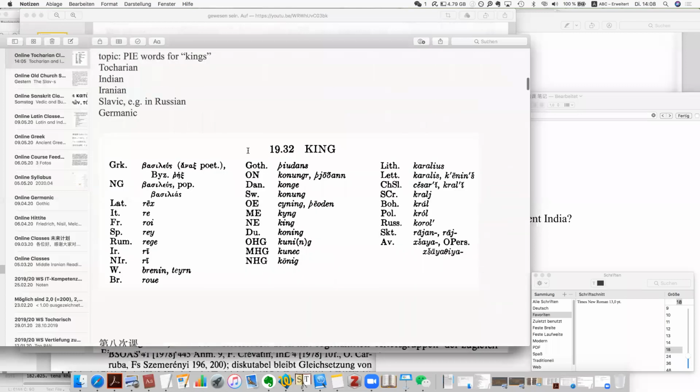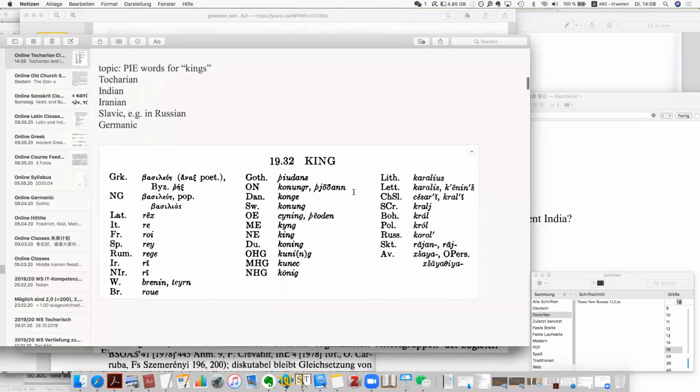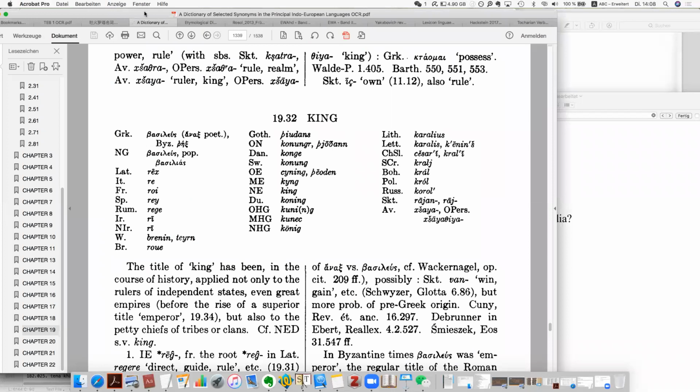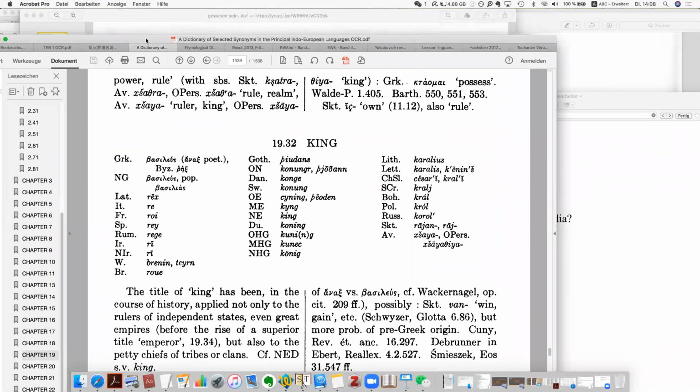Okay, so now let's move on to the topic of king. You find the information about these words in a very good lexicon. Sorry, I closed the window, too noisy. There are a lot of construction works.